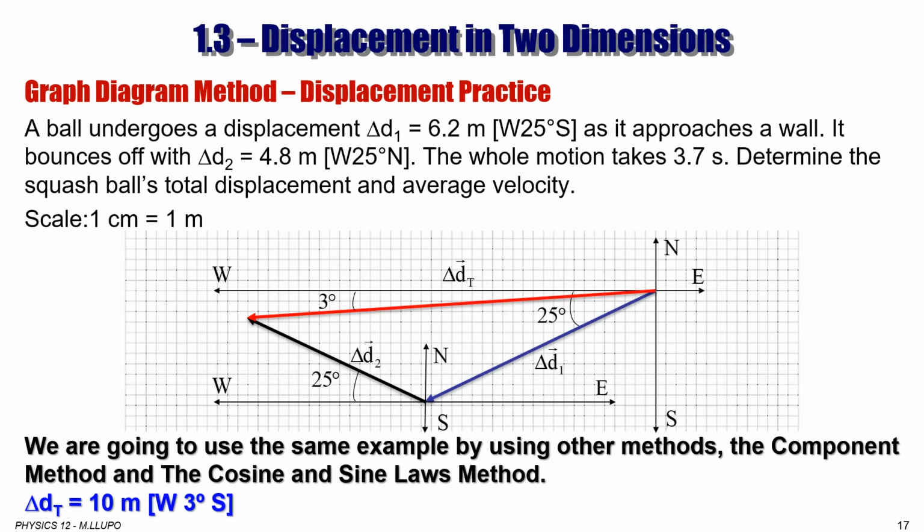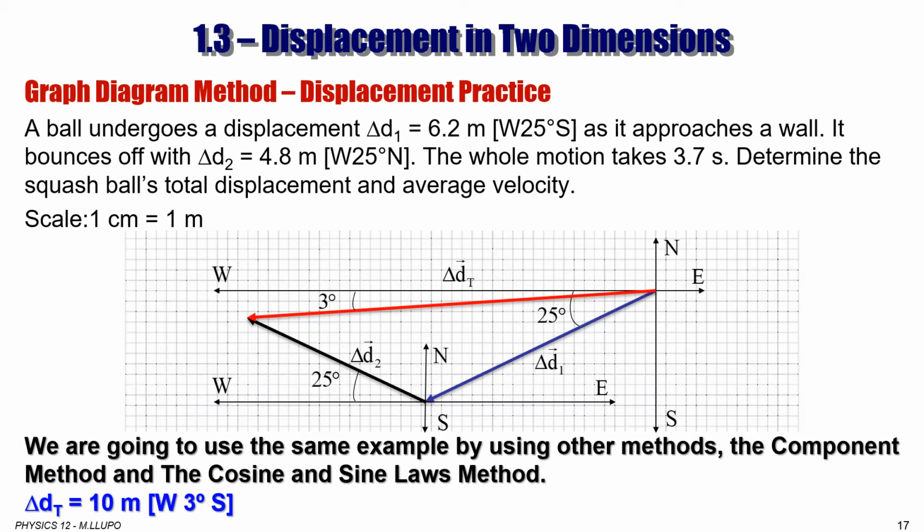So in this way, we concluded the scale graph diagram method, the first method of adding displacement in 2 dimensions. On the bottom of this page, there is an answer for this: 10 meter west, 3 degrees south. That is the total displacement.